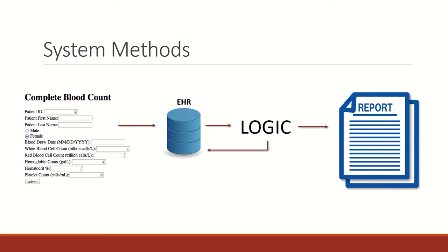It is important to also note that the lab result data with the logic applied is also stored back in the cloud-based electronic health record for further extraction needs in the future.